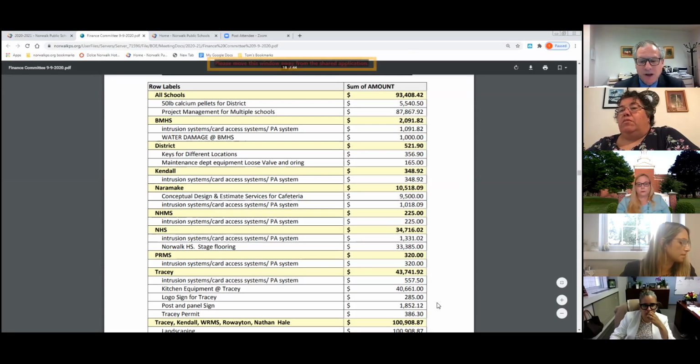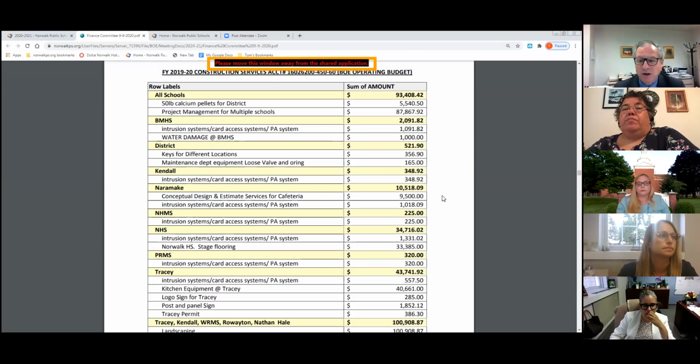And then the rest of the items here are projects at various schools. Some of them are small items, and some of them are being used to supplement other sources of funding so that projects can be completed. You've got some of the work at Tracy in the kitchen and the cafeteria. Some security work and PA system work was done at a number of different schools.